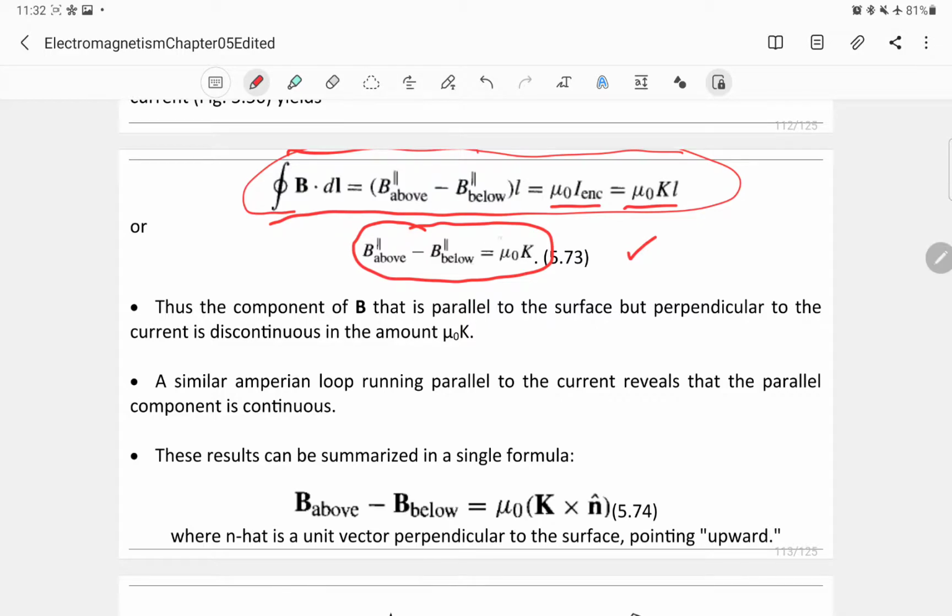So just remember this. This is just the continuity of the magnetic field. And if you consider both components, then this is just your discontinuity of magnetic field.